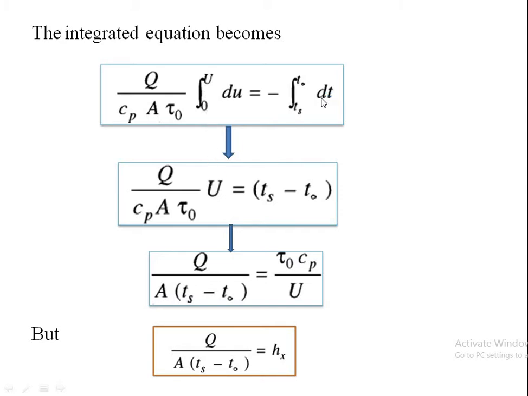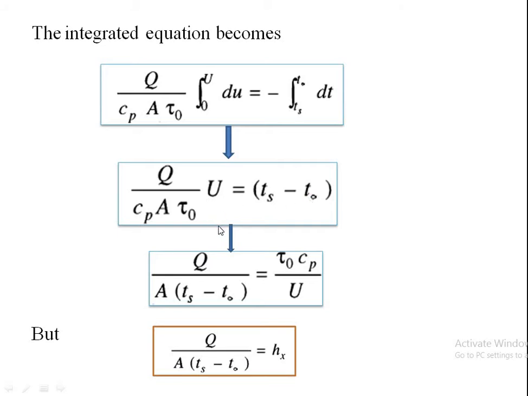Here the integration of dT will be T, and if you put the upper limit and lower limit, T naught minus Ts we will get. Now here the negative sign, if you take inside the bracket, then you will get Ts minus T naught. So the equation becomes q divided by Cp multiplied by A multiplied by tau naught multiplied by u is equal to Ts minus T naught.